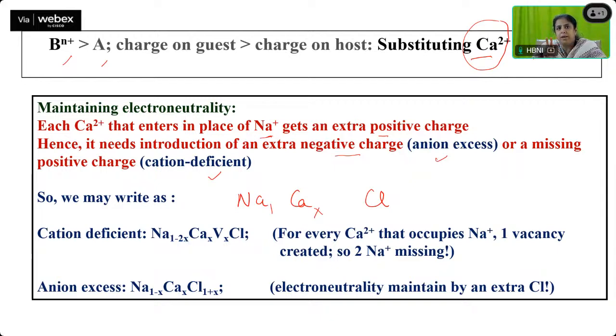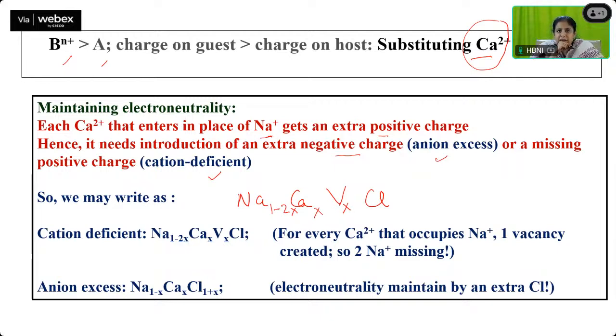Ca2+ is equal to 2 Na+. How much Na is left now? X calcium knocks off 2x Na, so Na left is 1 minus 2x. Along with that, I have cation vacancy, which I denote by V, and x calcium will occupy the position of x Na and will create x vacancies.